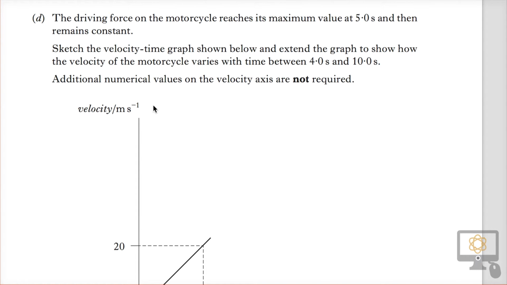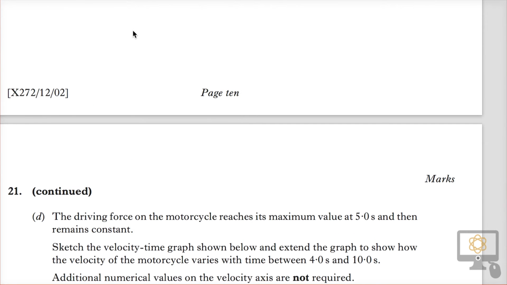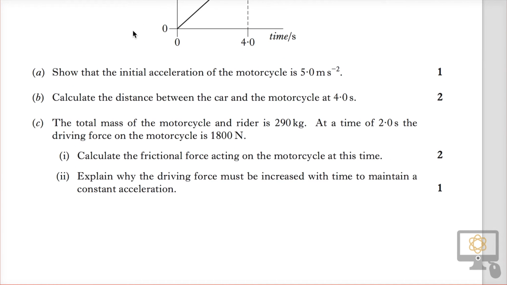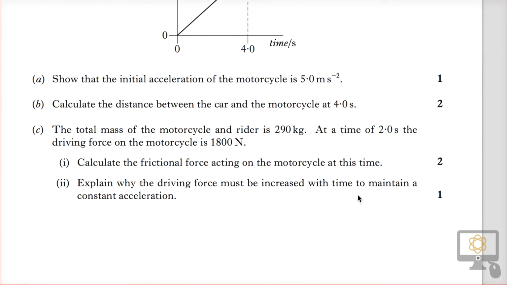that the driving force of the motorcycle reaches a maximum value at 5.0 seconds and then remains constant. If you remember back to the previous question, we're talking about the driving force must increase with time to keep a constant acceleration.